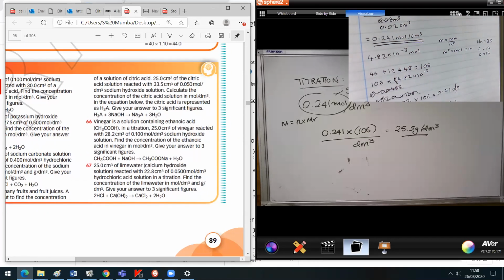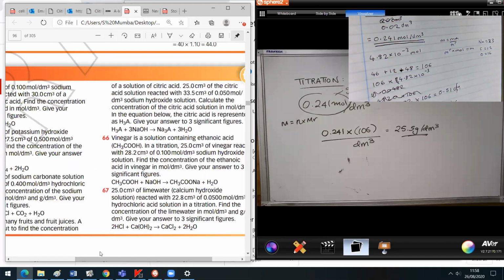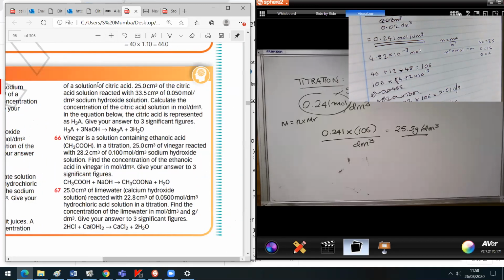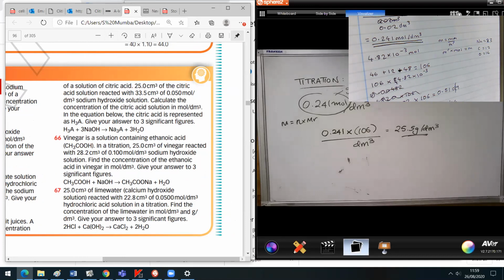This is where the main bulk of the question is. 25 centimeter cubed of the citric acid solution was reacted with 35.5 centimeter cubed of 0.05 moles per decimeter cubed sodium hydroxide. Calculate the concentration of the citric acid in moles per decimeter cubed. In the equation below, the citric acid is represented by H3A. Give your answer to 3 sig figs.